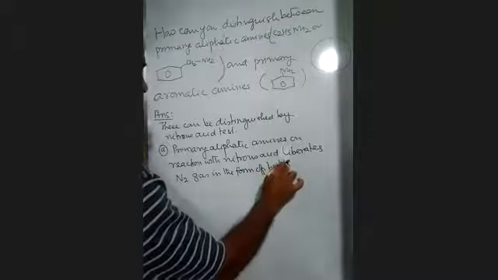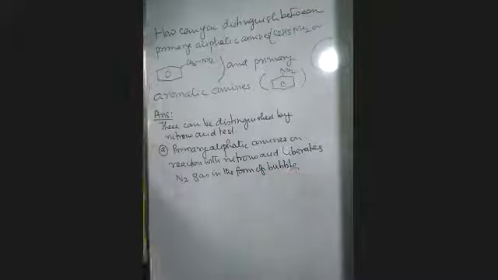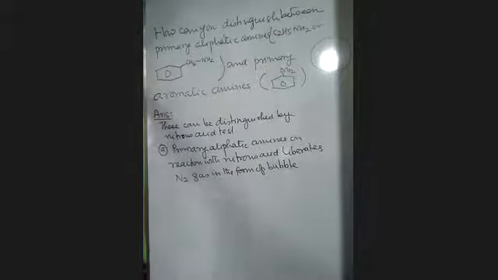Please remember, because we know aliphatic diazonium compounds are not stable. They decompose to give us alcohol, nitrogen gas and HCl.